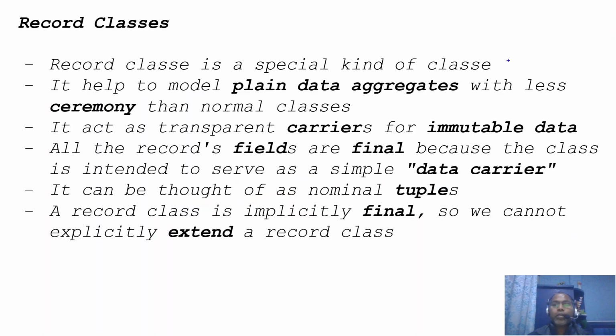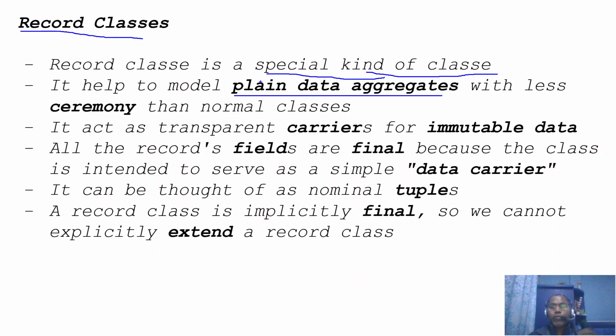A record class is not something completely different, it is a special kind of class. It helps to model plain data aggregates, where we just want to hold data and transfer it from place A to place B. Why does it help?